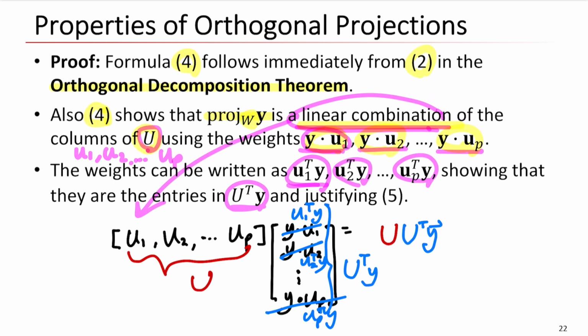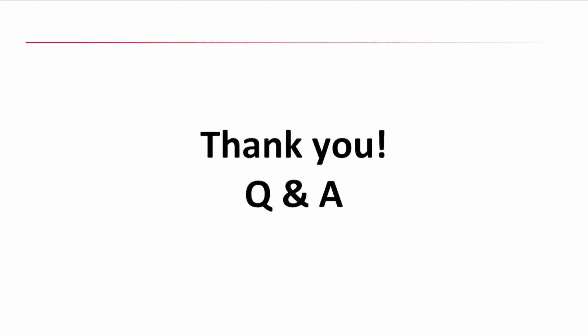Okay, so this is the end of today's lecture. This week we introduced the orthogonal projection concept, right? So in the following lecture, we will introduce the Gram-Schmidt decomposition method to find the orthogonal basis of an arbitrary subspace, and then by using those concepts, we will derive the least square solution.